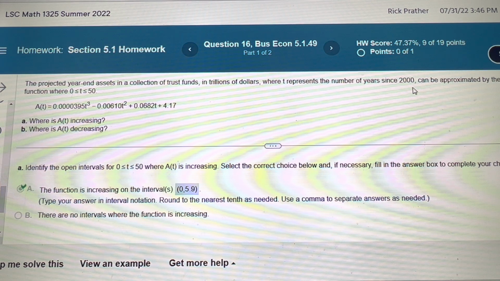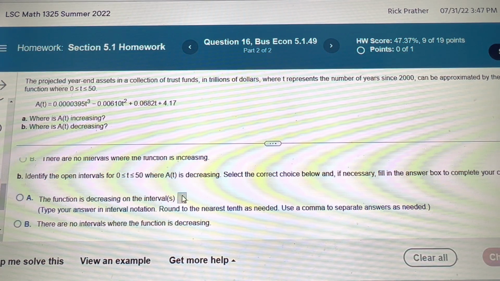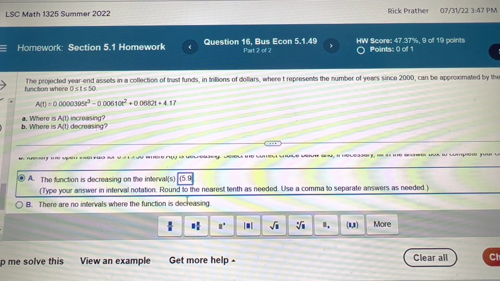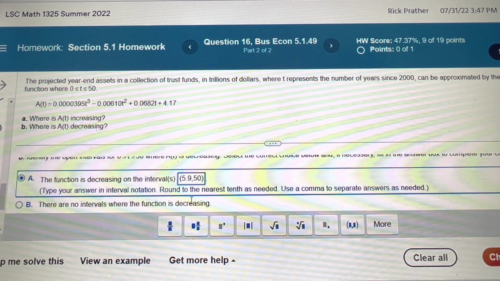From the year 2000 to almost the year 2006, it's going up. And then it's going to decrease the rest of the time, because it'll actually decrease all the way to 97 point something, but it's going to stop at 50 because our limit is 50 here in the domain.